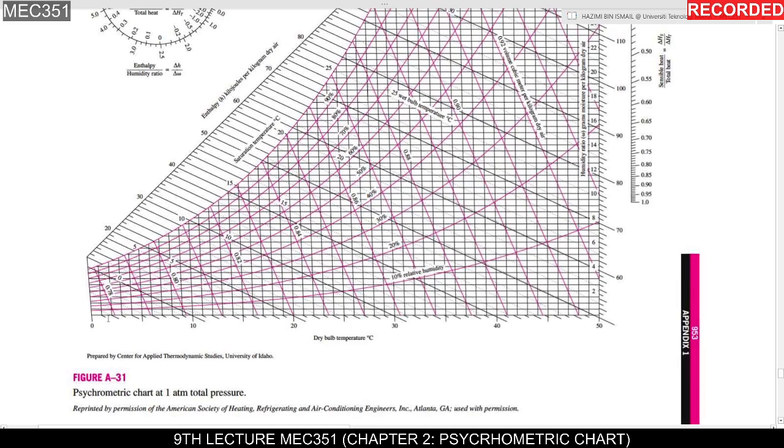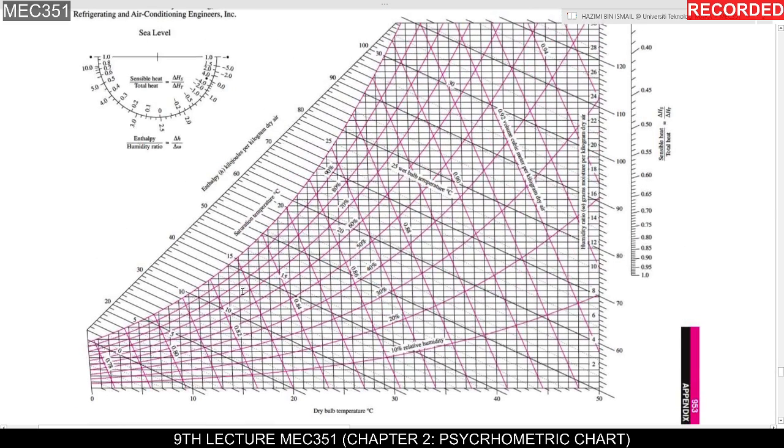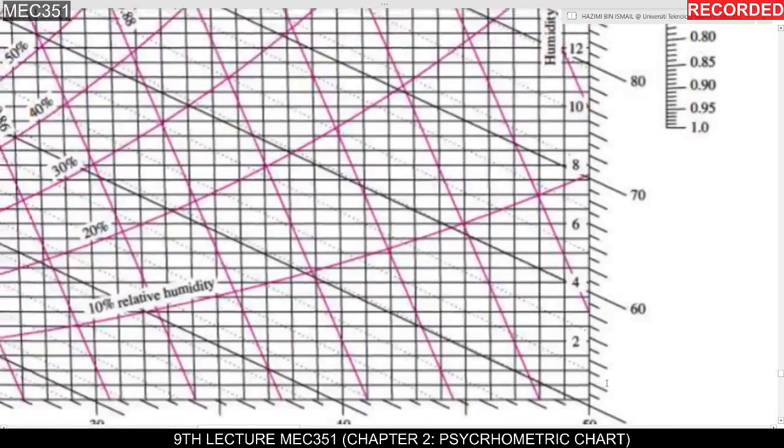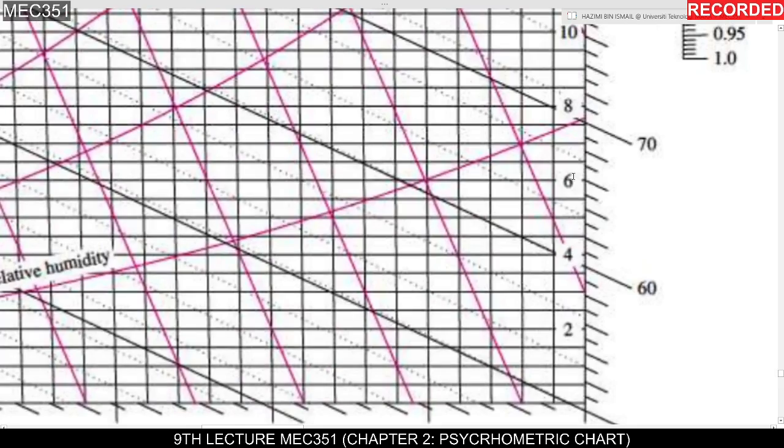So all the lines along this x-axis represent the dry bulb temperature, and the slope here is the value for enthalpy. So if you want to find the value of enthalpy, you have to project the line until you reach this axis. And for the y-axis, the horizontal lines here, 2, 4, 6, 8, 10.